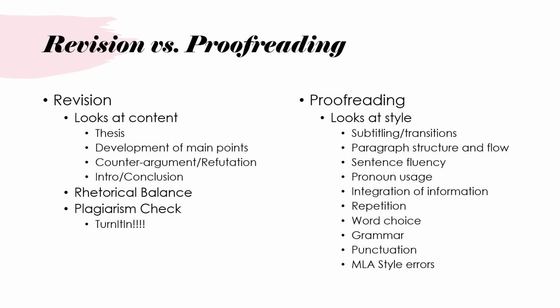And also, plagiarism check should be in the revision stage. So this is making sure that anytime you used information from a source, there is a citation, which is information inside of parentheses with a matching MLA works cited reference at the end of the paper.